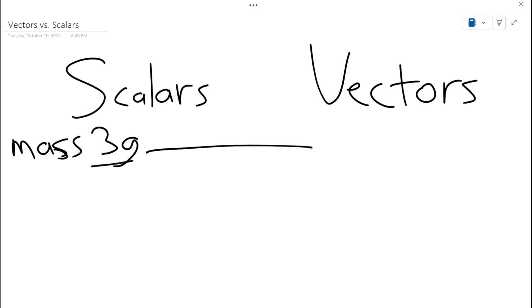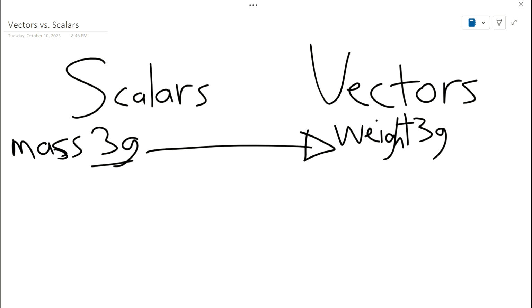However, if it were a vector, this would only be 3 grams on Earth, because this is something we know as weight. A vector is, simply put, a magnitude accompanied by a sort of frame of reference.